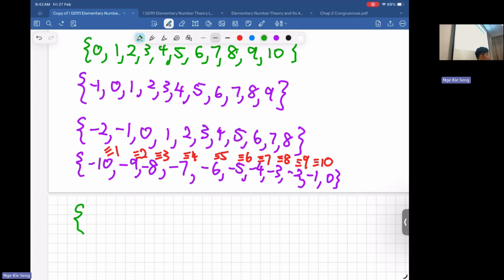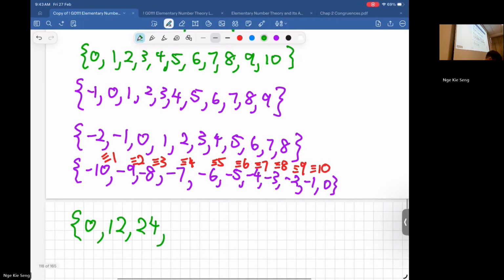Infinitely many are possible. Okay, 0, 12. Wow, very good. Then 24. Okay, good. 36.